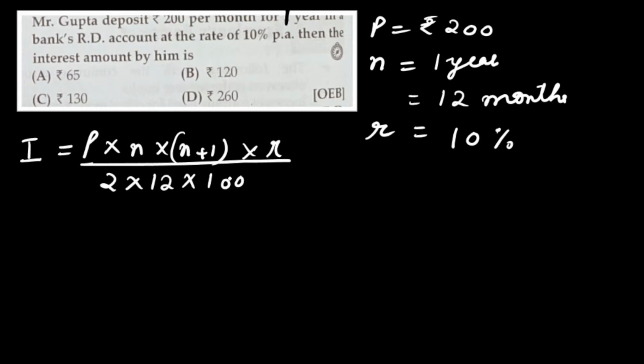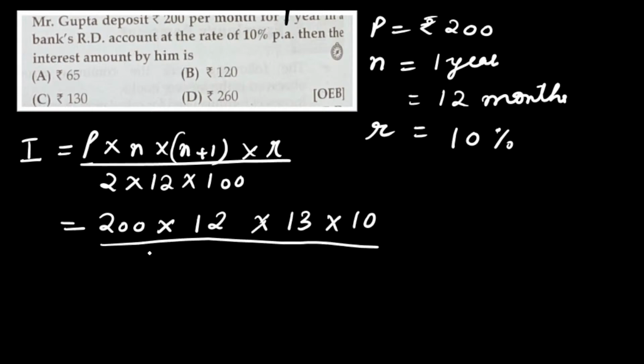We can use this direct formula and find the value of interest. So P's value is 200. N is 12 here, since it's 1 year. N plus 1 means 12 plus 1, it's 13. R's value is 10 by 2 into 12 into 100.